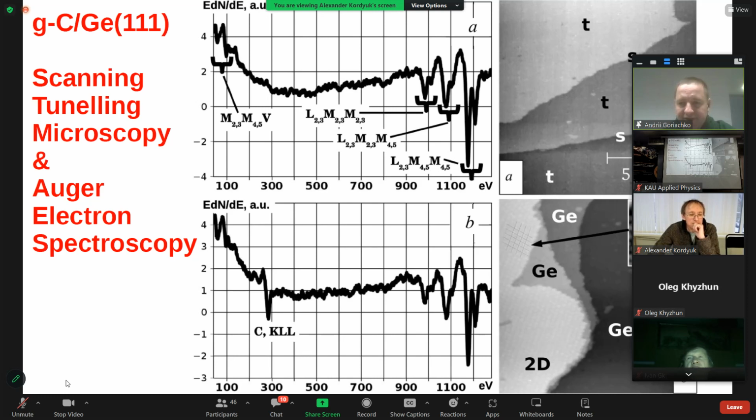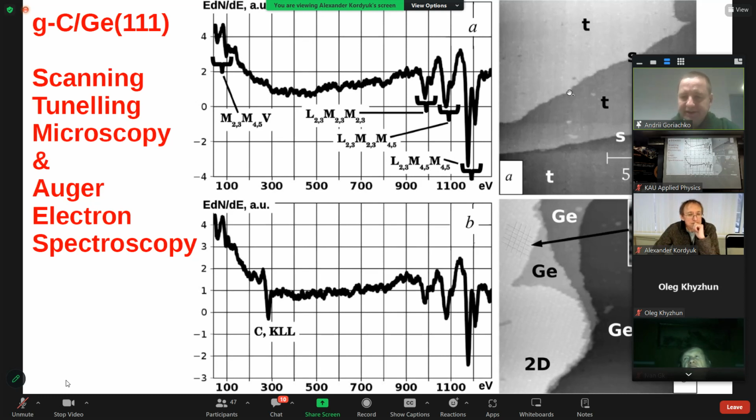And then, as you can see here, there are STM images and corresponding Auger spectra showing two situations: atomically clean germanium substrate on top, and germanium substrate partially covered by graphene. This is the spectrum and image on the bottom.